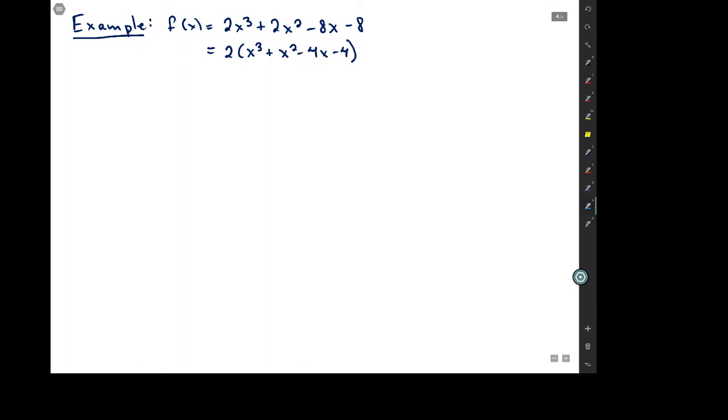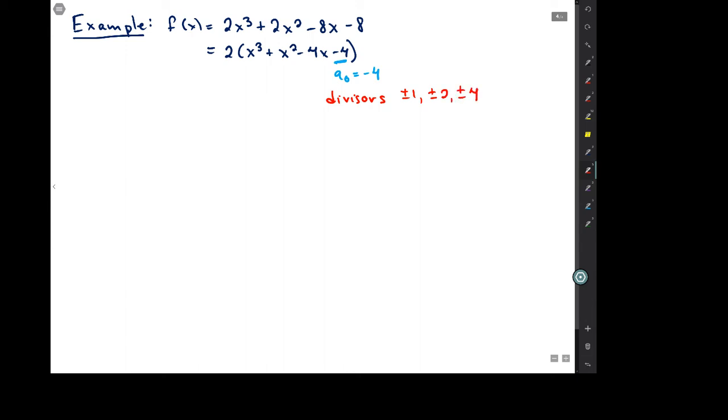Okay, so now if we look at this semi-factored polynomial, x cubed plus x squared minus 4x minus 4, my constant term inside the parentheses is minus 4, and so the divisors are plus or minus 1, plus or minus 2, and plus or minus 4.